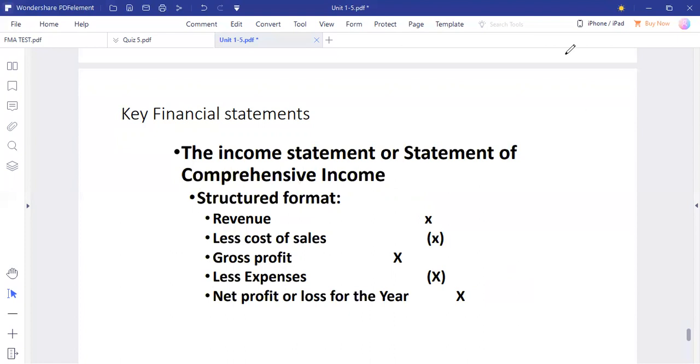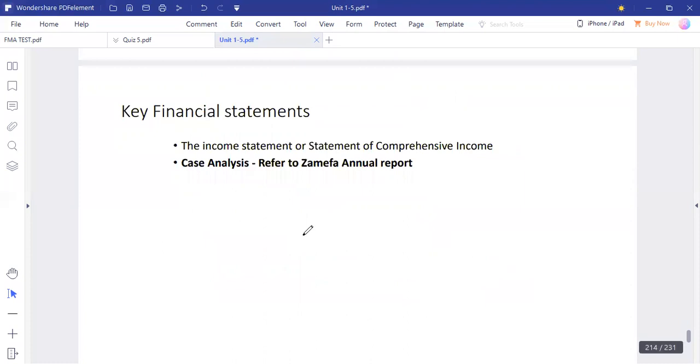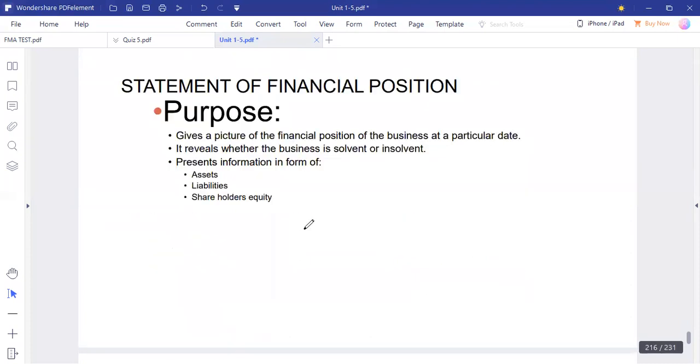So this is simply a snippet of how the income statement looks. Of course, it can be broadened when we look at a detailed copy of how the income statement may look.